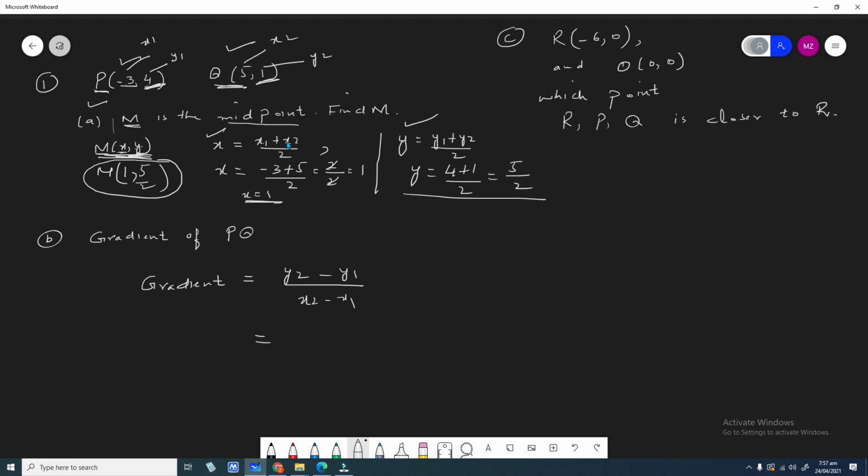This is our y2, which is 1, minus y1, which is 4, over x2, which is 5, minus x1, which is -3. So this becomes (1 minus 4) divided by (5 plus 3), since minus and minus become plus. That is -3 over 8. So our gradient will be -3 over 8.